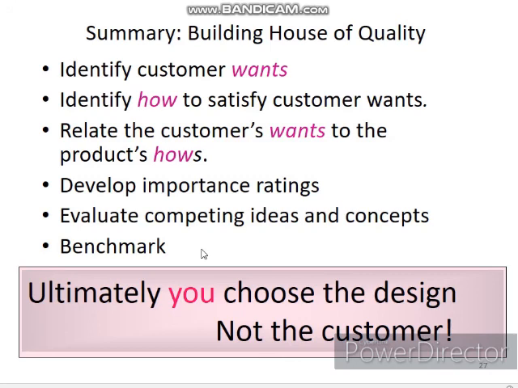Study where you are and make decisions in terms of whether you want to actually be ahead of a competitor on certain customer requirements or not. So basically, this is the summary of how to construct a house of quality. But ultimately, you choose the design, not your customer. So you have to make sure that the end product meets your customer requirement, because the decision of the design is in your hands.